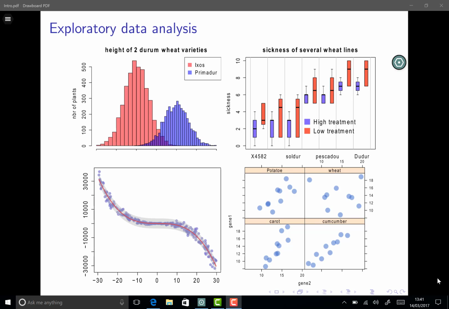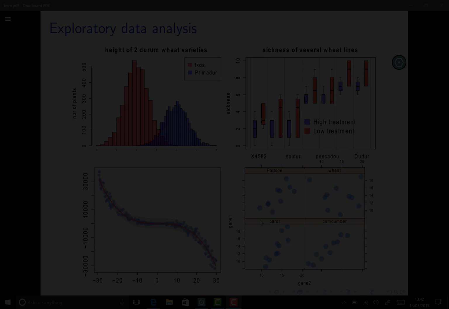So we're going to look at different types of plots, from things like histograms to box and whisker plots, scatter plots to show correlations, and so on. By doing different types of plots and highlighting different information in the data, we can hope to gain an understanding of how we might want to analyse the data, what the data is telling us, and what kind of statistical model will be appropriate.